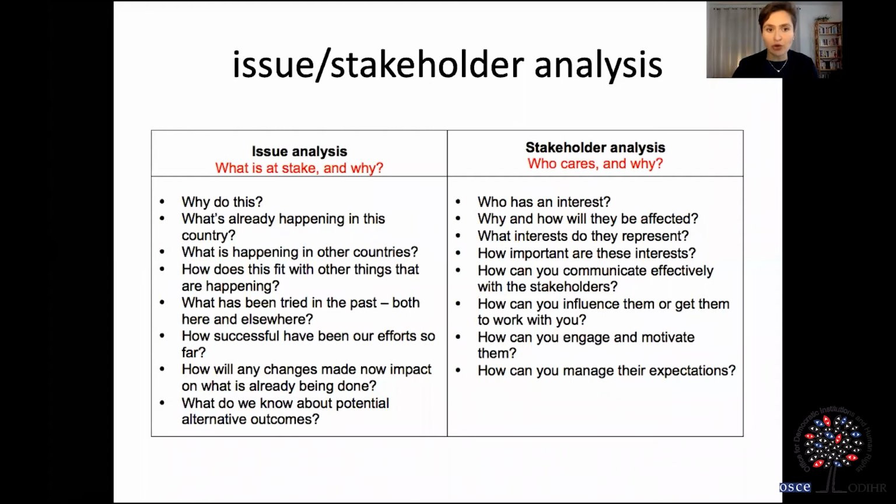After we've defined the problem we are attempting to address, it's important to look at what the issue is specifically. And this really helps with the policy formulation phase, and who the stakeholders are. Let's look at the issue analysis first. We ask a set of questions that are going to give us the answers for why this particular issue is being addressed with our policy making efforts.